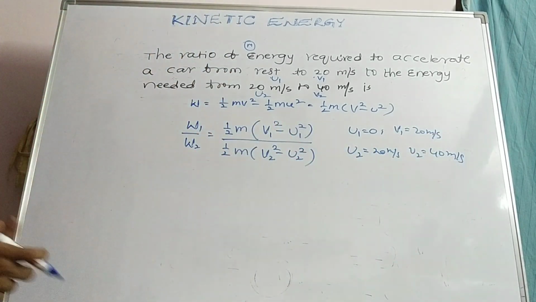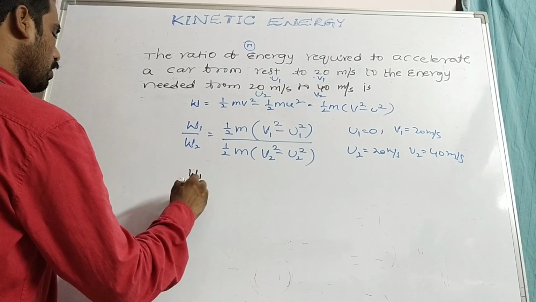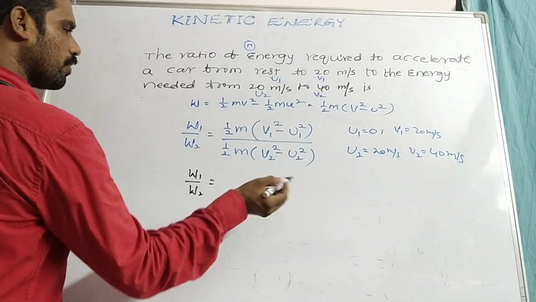So by substituting them, we can get the answer. W1 by W2, the energy ratio, W1 by W2 is equal to half m gets cancelled.